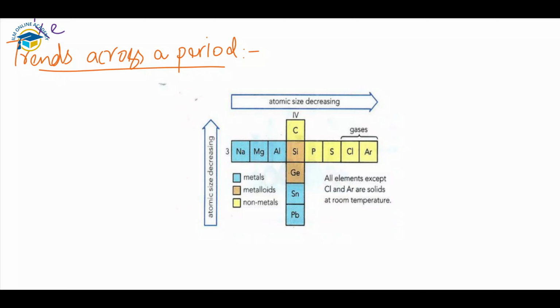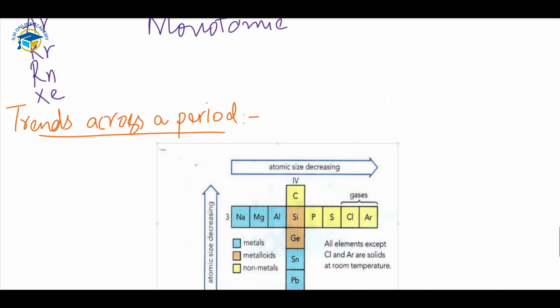As we move across a period, there are also differences in some chemical properties linked to the metal to non-metal transition. Metal oxides like magnesium oxide are usually basic.